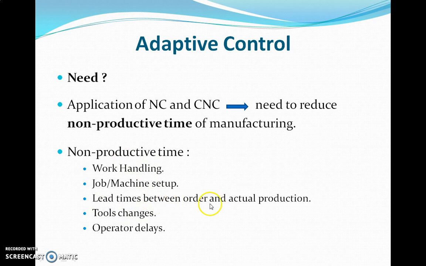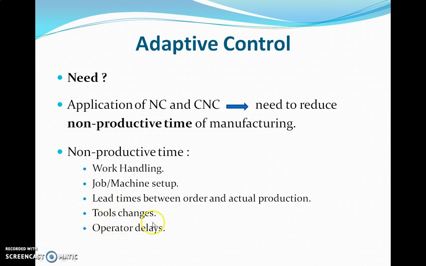Lead times between order and actual production, that means the time where you get the order, plan the order and try to execute actual production, is also going to affect your timing. This time should obviously be very short. You should plan very fast and put that order under production as soon as possible to reduce your lead times.